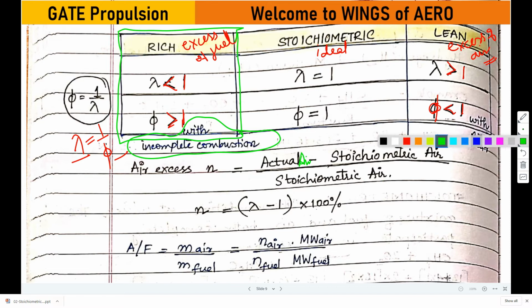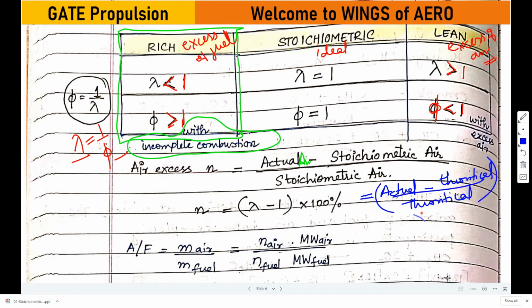Sometimes it is also denoted as actual by theoretical, minus theoretical, by theoretical. In some textbooks you can find such definitions, and both are correct. This can also be written as actual air by stoichiometric air, which is the stoichiometric ratio lambda, minus 1, into 100.